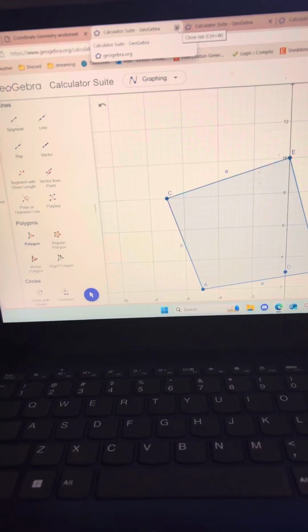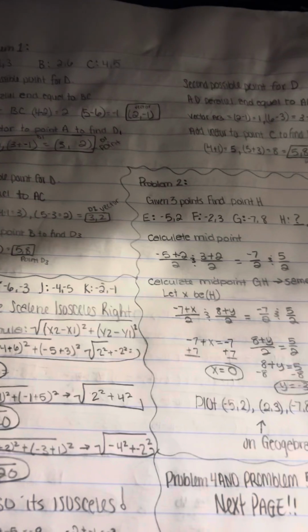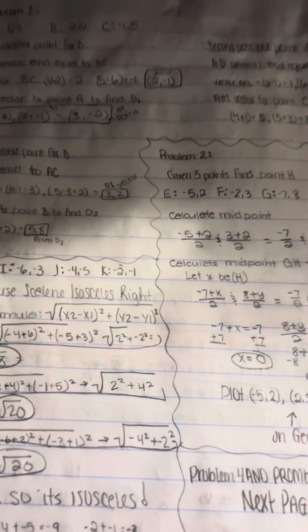I don't know. But I clearly explained how I got to my point H, but I don't know why it did not form the rectangle or what I did wrong. So I'm sorry about that one.